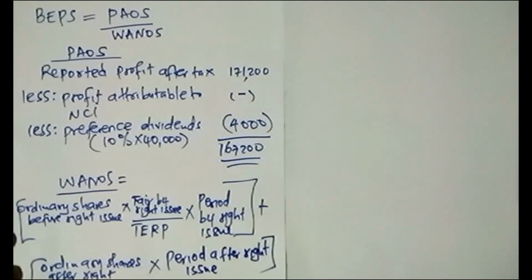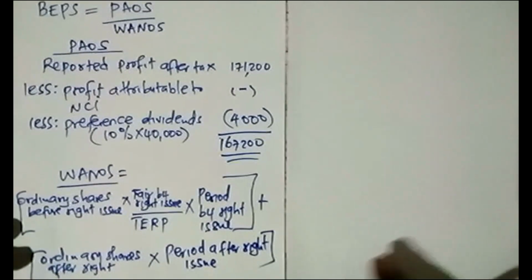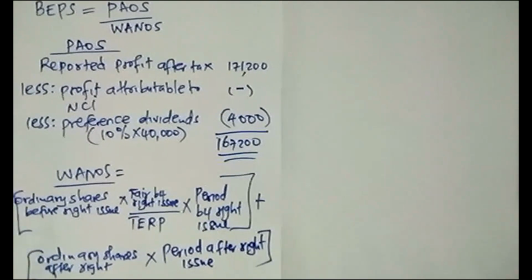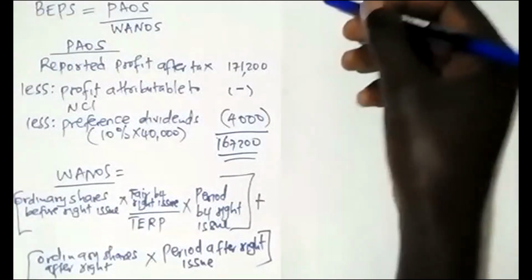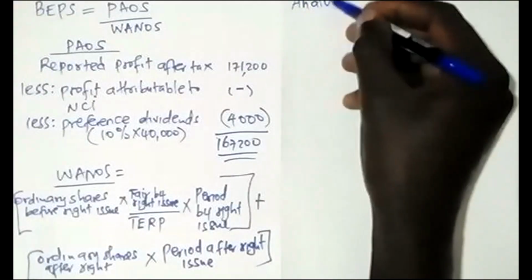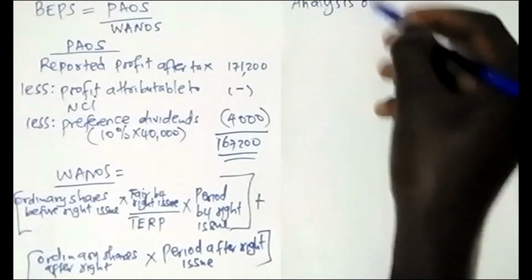In order to know which relevant shares we are supposed to apply in the formula, we have to do a short analysis of the shares which were issued or outstanding from the initial period. So let me do the analysis of shares.